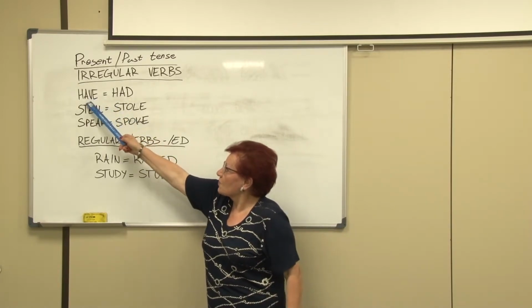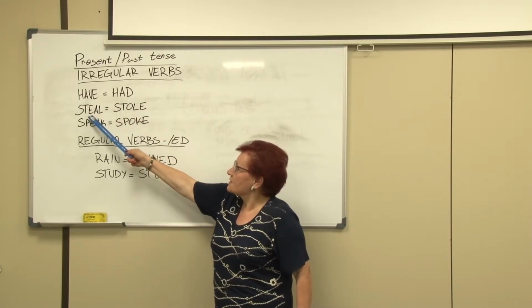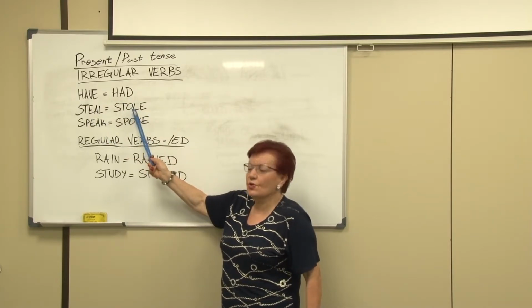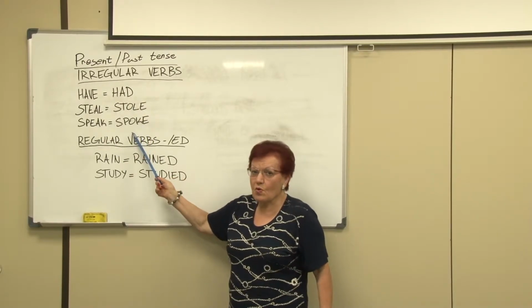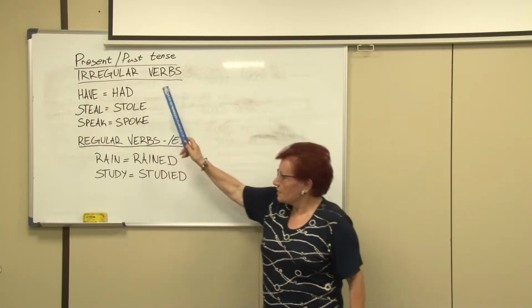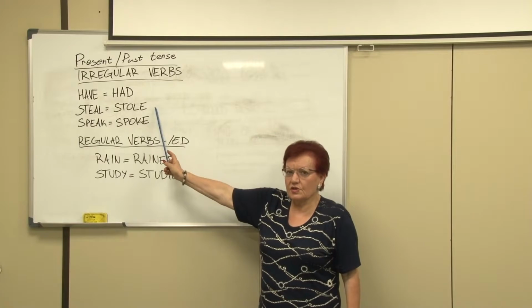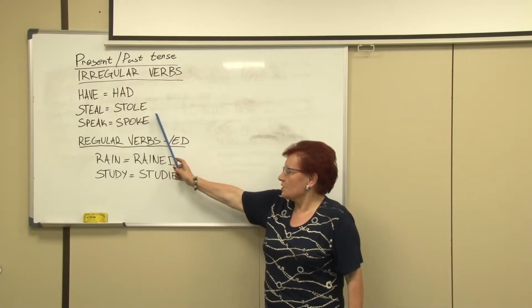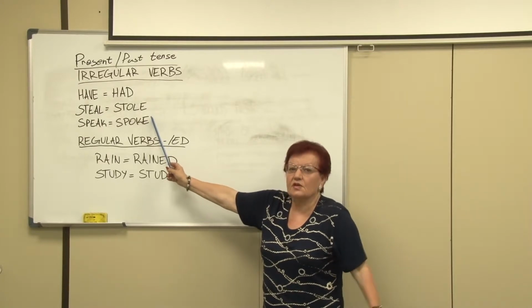So have in the present is had in the past simple tense. Steal becomes stole. Speak becomes spoke. So that is why irregular verbs can be learned properly only with repeating, reading through materials, and learning by heart.